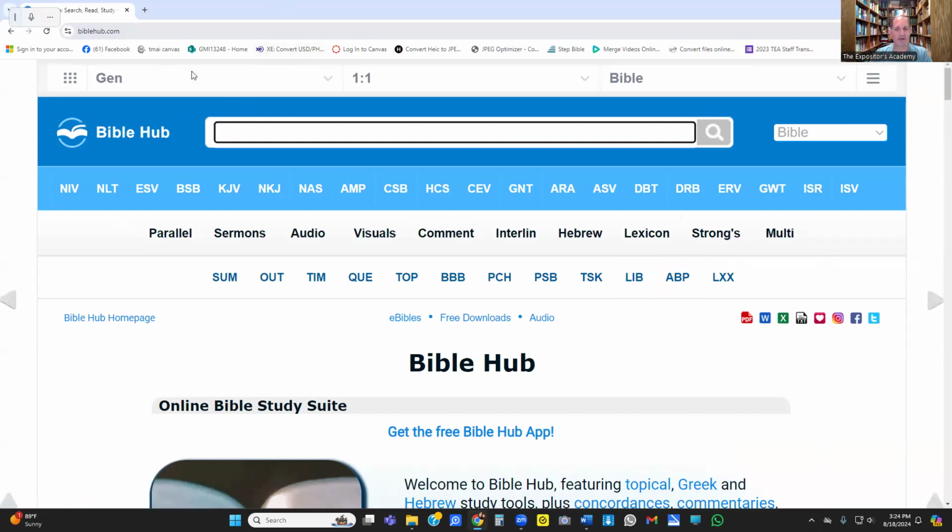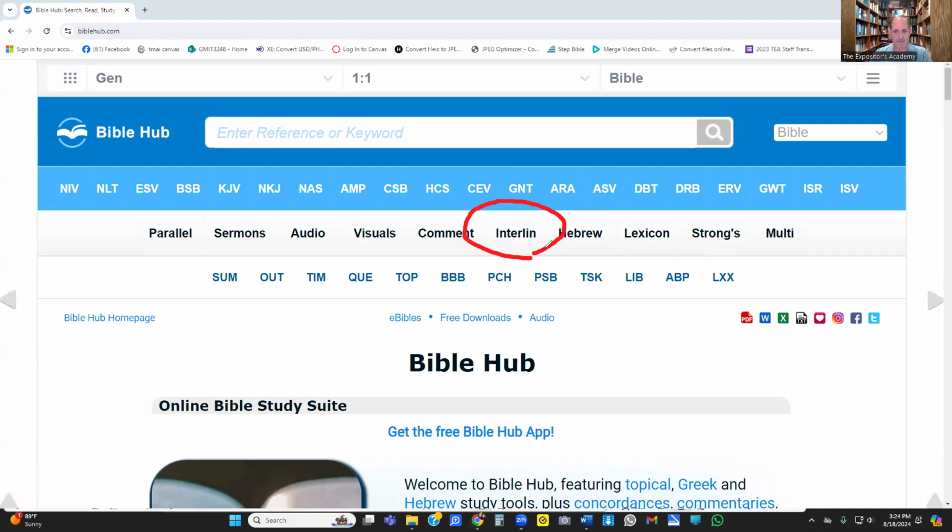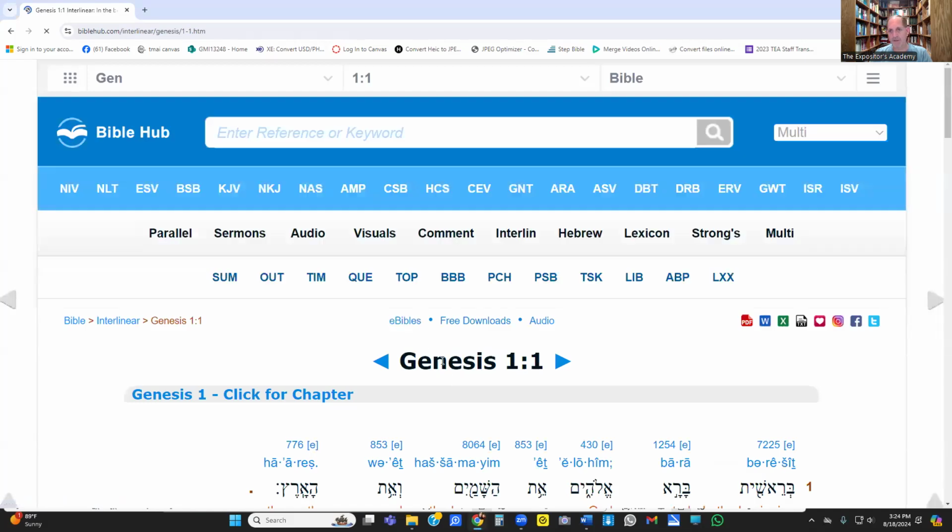So we go to BibleHub.com, go to Interlin. Hopefully you can see it right here in the middle of the screen. Interlin. Let me circle it. It's right here. All right. Interlin stands for interlinear, and it will take you to the interlinear. So we go there. Now we want to pick the passage.